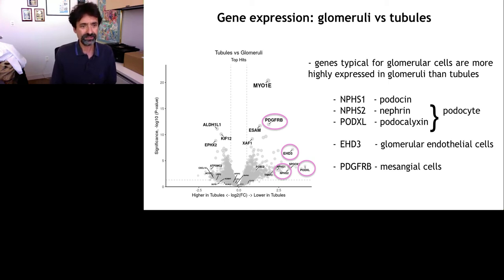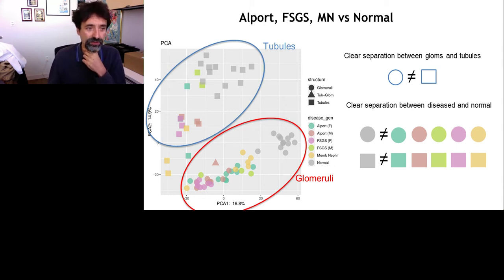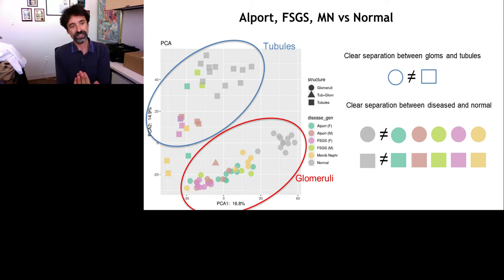We next put together all the tubules and glomeruli from the different patients. And again, we were reassured in seeing that in this principal component analysis, which represents in a two-dimensional way all the different dimensions represented by the expression of each single gene, the tubules cluster differently from the glomeruli.